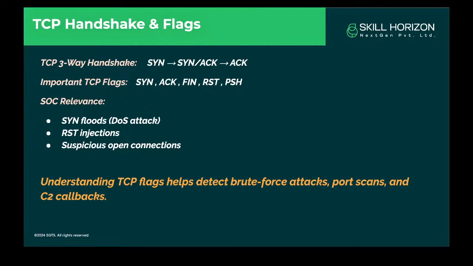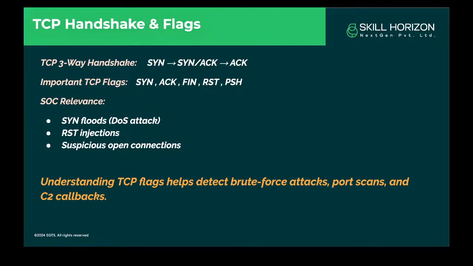If we talk about the TCP handshake, in the TCP three-way handshake, which is the scenario I already displayed when we checked the Google handshake, first a SYN packet is created, then a SYN plus ACK packet, and then the ACK packet. In TCP there are 6 communication flags: synchronize, acknowledge, finish, reset, push, and urgent. Of those, these are the top 5 that you need to understand and read more about.